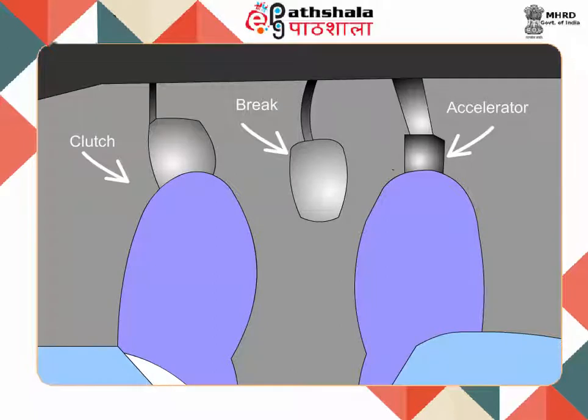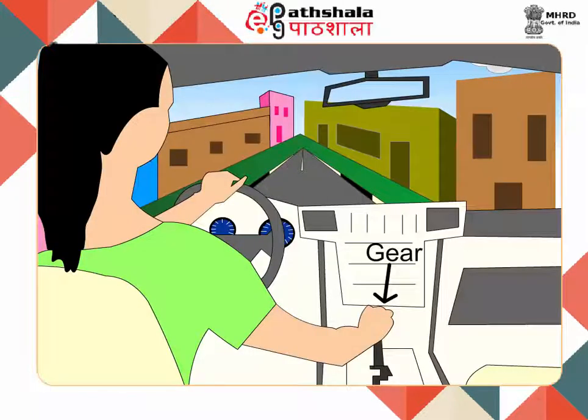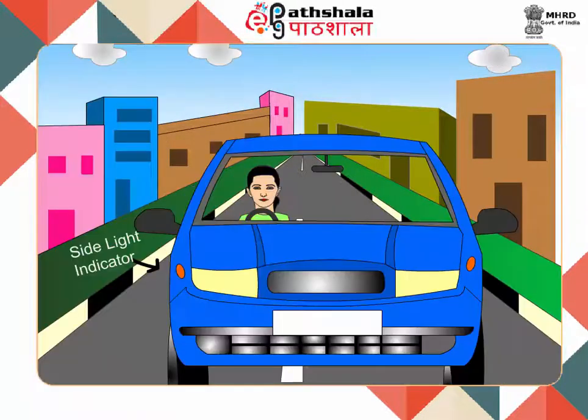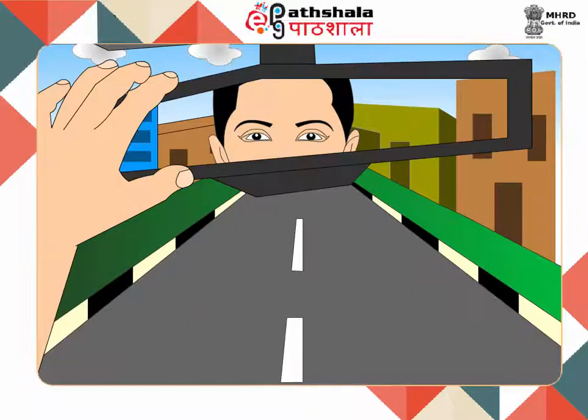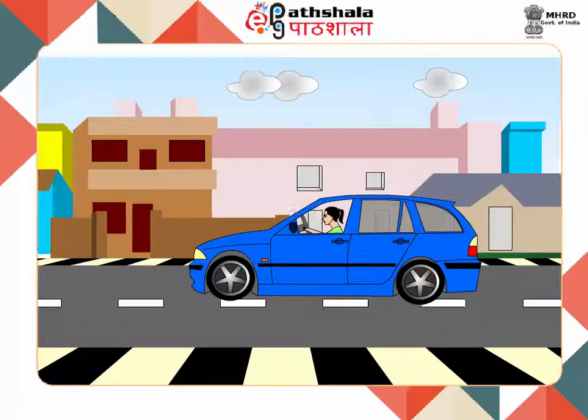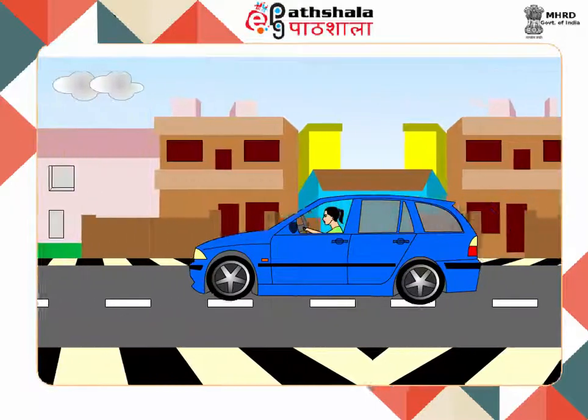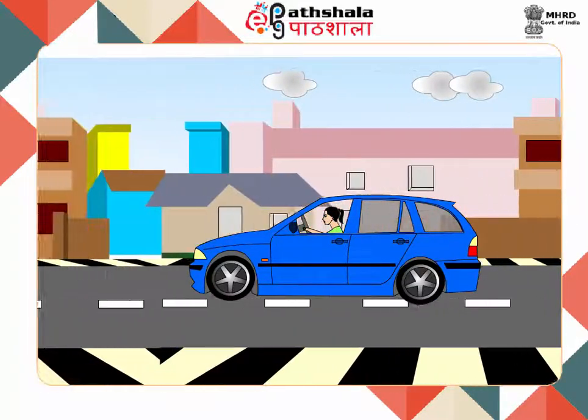She had to learn many operations like acceleration, using the clutch, shifting the gears, using side light indicators. She also had to pay attention to the road and check the rear view mirrors. All these demanded and consumed her mental resources.